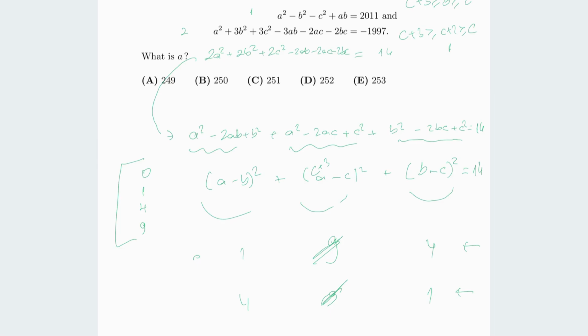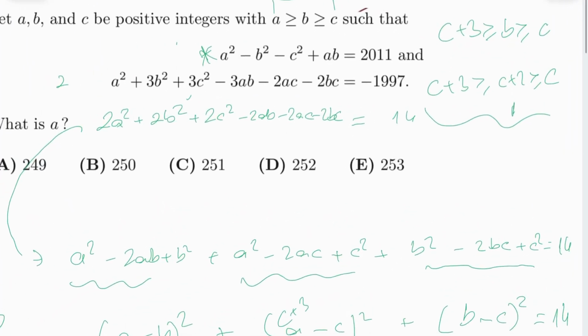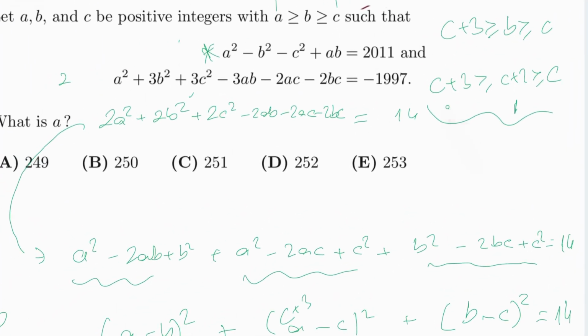I'm now going to plug those into the first equation. If you like, you can plug those into the third equation, but I don't want to because there are some coefficients that would make it harder to calculate. I get the square of C plus 3, which is C squared plus 6C plus 9, minus C squared plus 4C plus 4, minus C squared, plus C squared plus 5C plus 6, equals 2011.